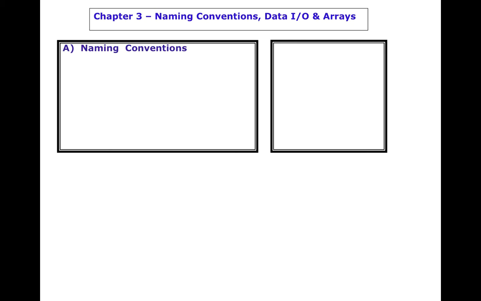So let's start. When you are naming a class, the first letter of the word should be in uppercase, capital, and the remaining letters should be in lowercase, small. If the class name has multiple words, then the starting alphabet of every word should be in uppercase and the remaining alphabets of the word should be in lowercase. If you didn't understand, have a look at these examples.